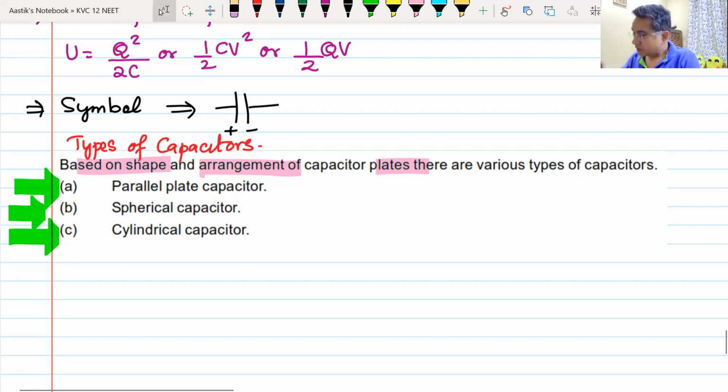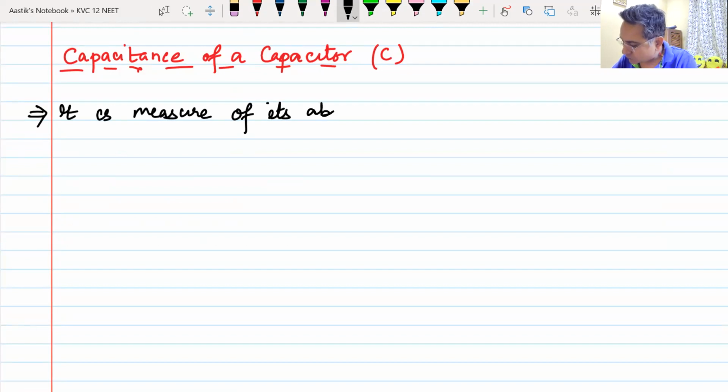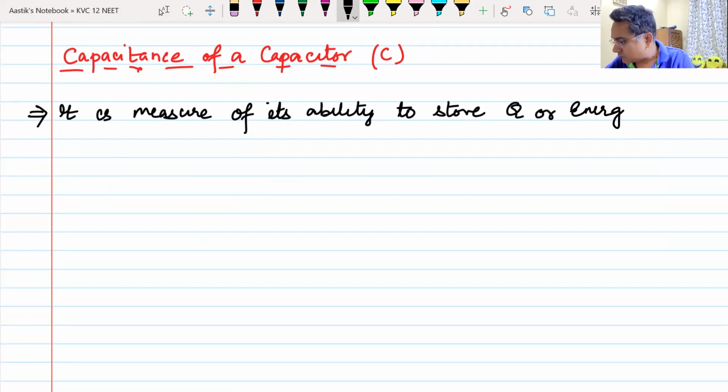Yes, sir. Okay, you can write the small heading capacitance of a capacitor. It is the measure of its ability to store, either you can say charge, or a better way you can say, to store energy.